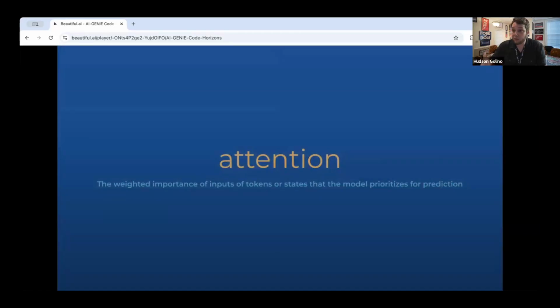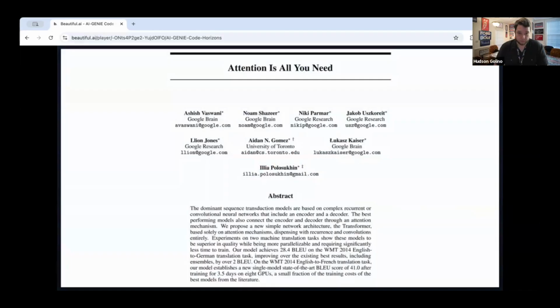So what is the definition of attention in a transformer model architecture? Attention is the weighted importance of inputs, tokens or states that the model prioritizes for prediction. This became extremely famous in natural language processing and in science in general after the publication of the extremely influential paper called Attention Is All You Need, led by Ashish Vaswani from Google Brain.